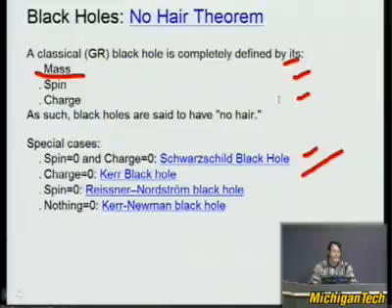Things in the universe are generally not charged very much because if they had a tremendous negative charge, they'd pull in positive charge and neutralize themselves. So you don't get a lot of highly charged things in the universe, but if the spin was 0 and it had charge, you'd get a Reissner-Nordström black hole. General relativistic solutions exist for that.